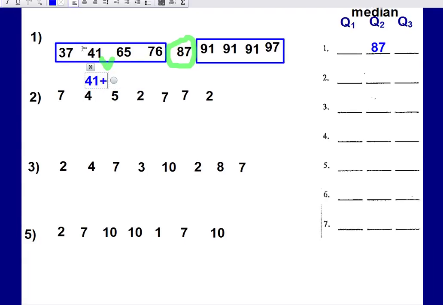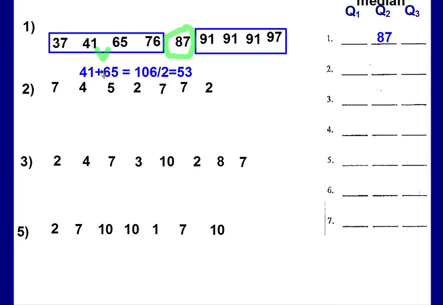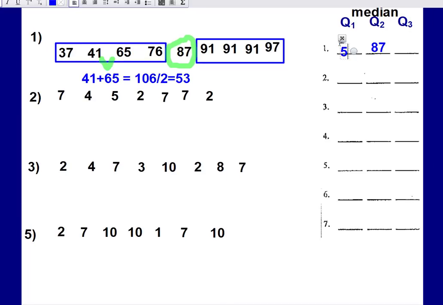We have to add them up. 41 plus 65 is 106. And then divide that by 2. And we get 53. So the median of this lower half of the data is 53. That is going to be our quartile 1. So that'll go in the first column.